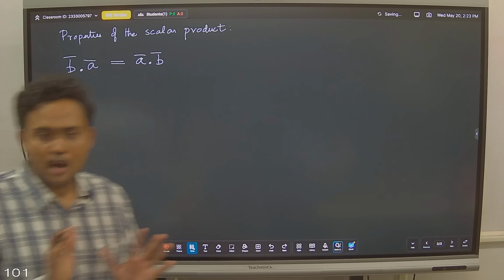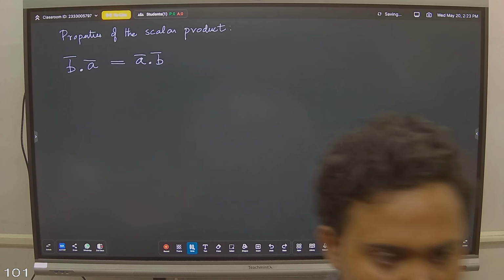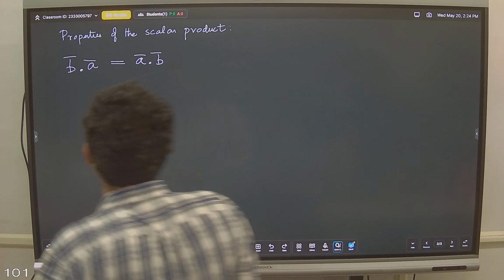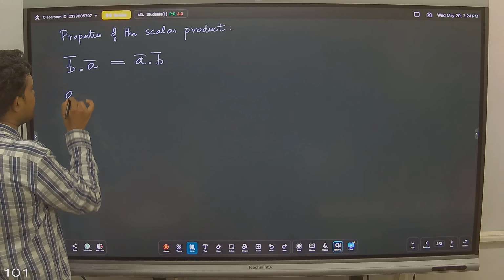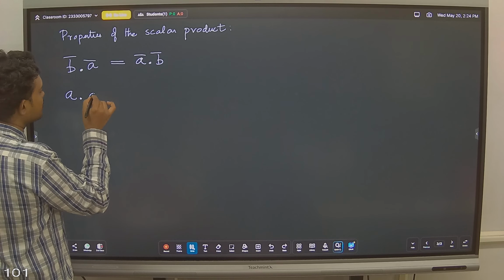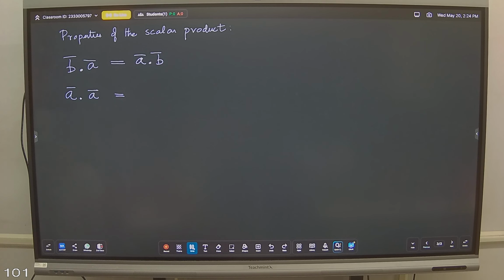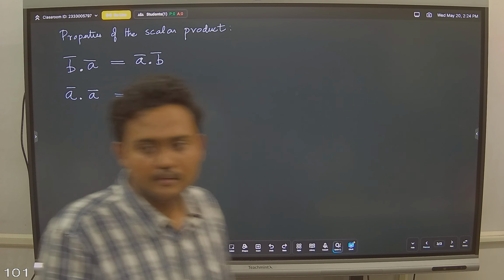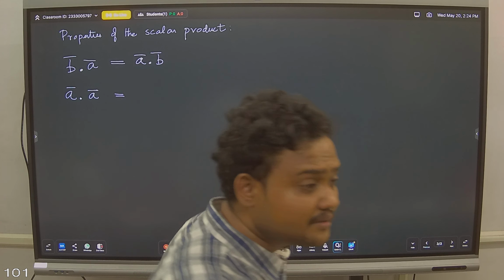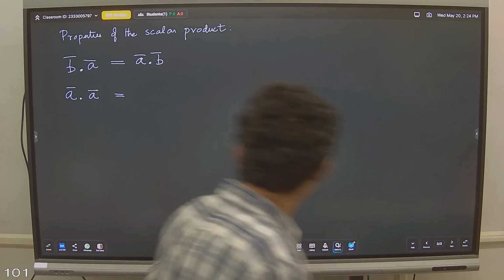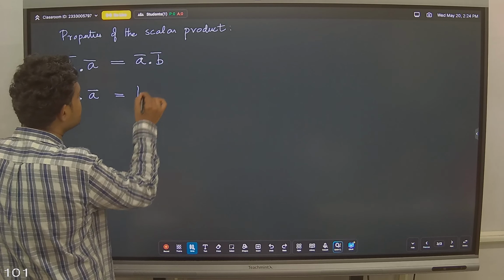The commutative property. Any problem? No? Okay. So what is A dot A? Any idea? Not mod of A, not just mod of A. A dot A is mod of A square.